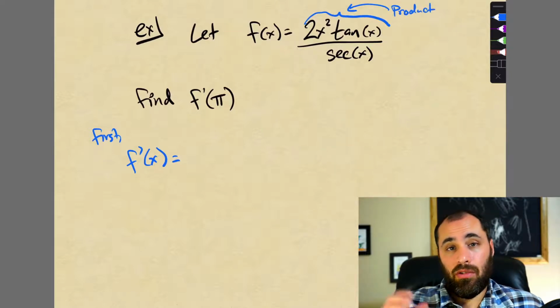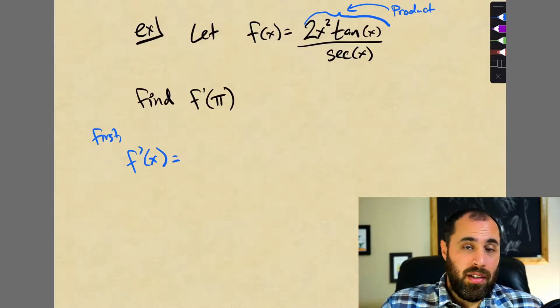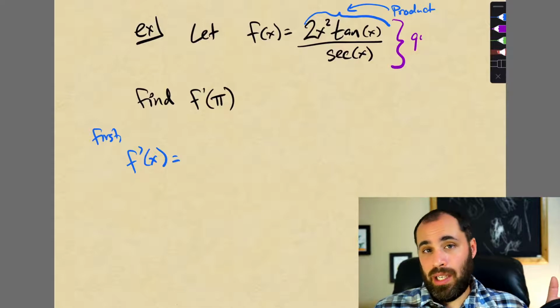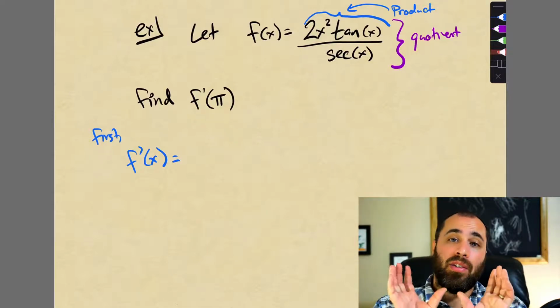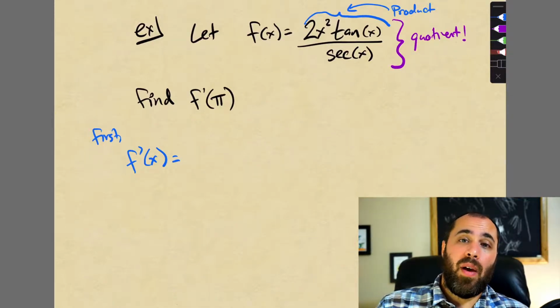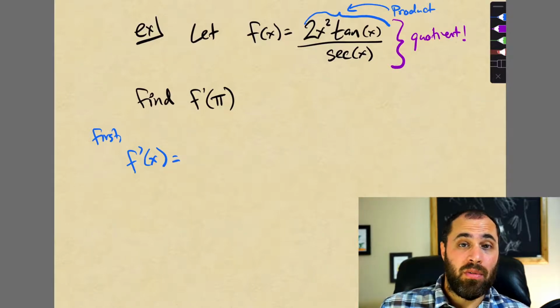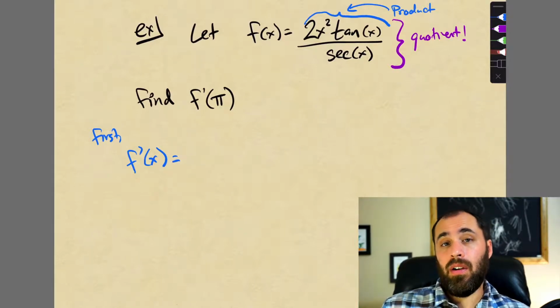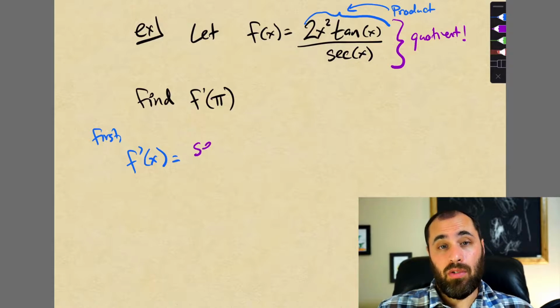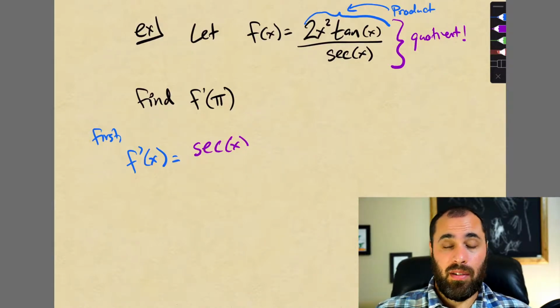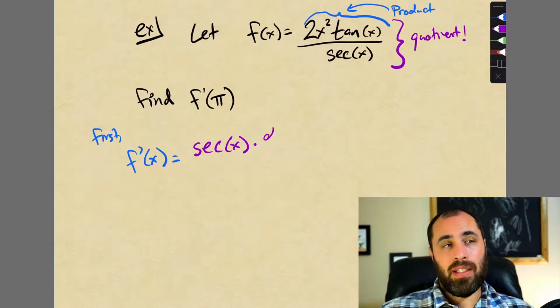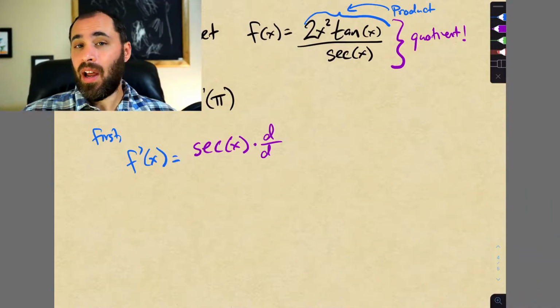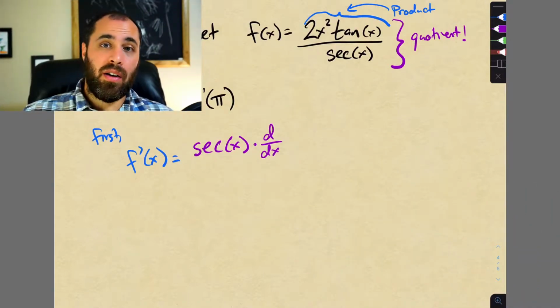It's not just plain old 2x squared, which we could handle easily, or tangent x, which we can also handle easily. It's the product of the two of them. So as part of applying the quotient rule, when we take the derivative of the numerator, we'll have to apply the product rule too. This is a good example to see, which makes it a longer question, but not really a harder question as long as we are careful.